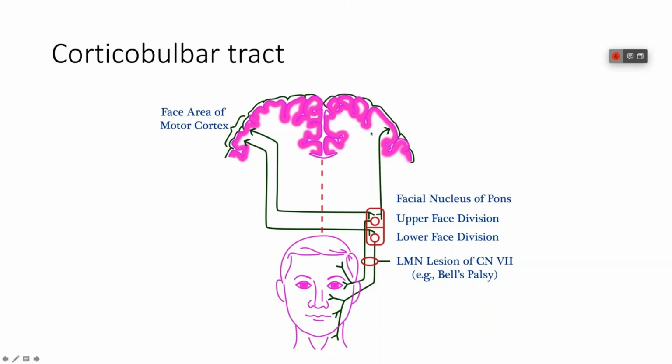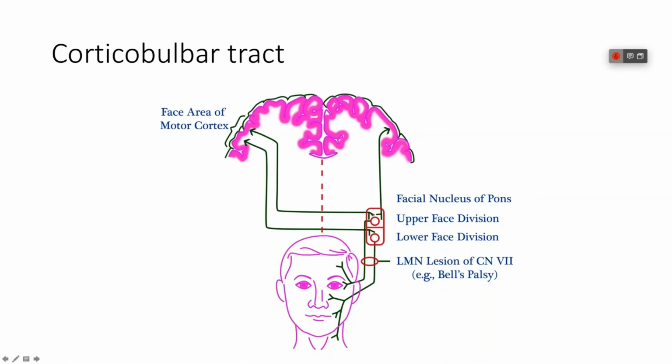However, because there is ipsilateral innervation of the upper part of the face, the only part that I'm going to lose is the lower part of the face. In other words, if I try to smile, I will have a crooked smile. This part of my lips will be upgoing, but this part will not.